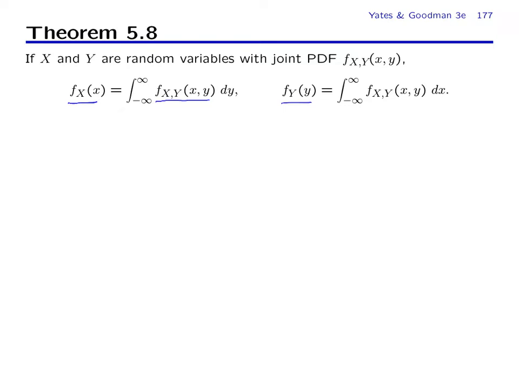In any case, the way to think about this joint PDF is to think about you have a joint PDF defined on the plane.